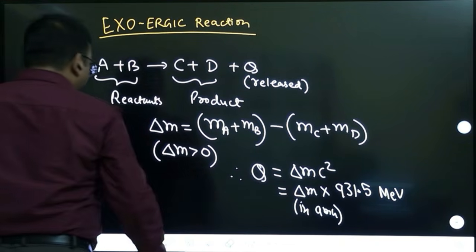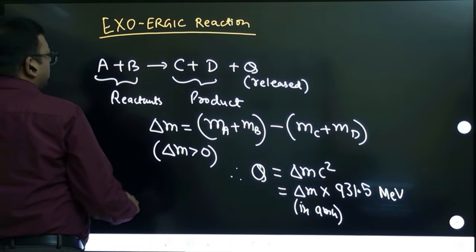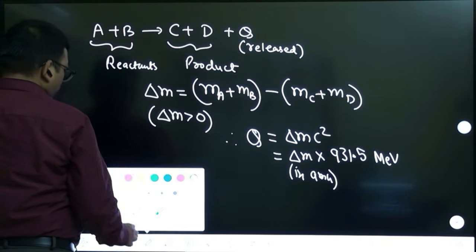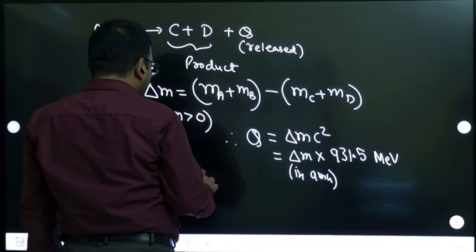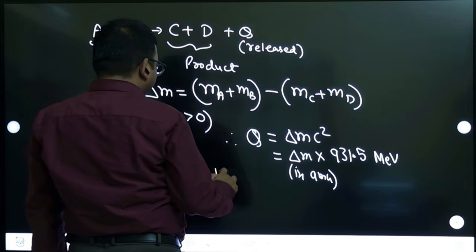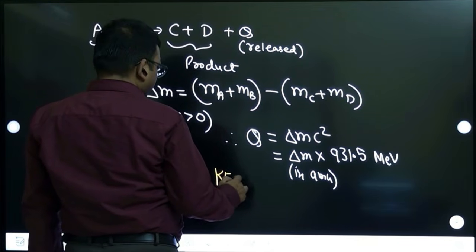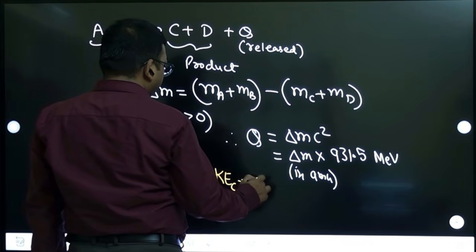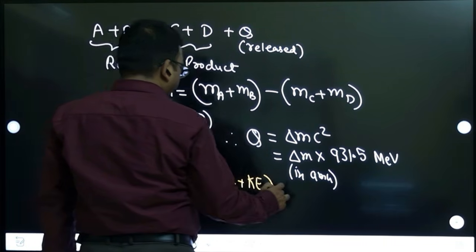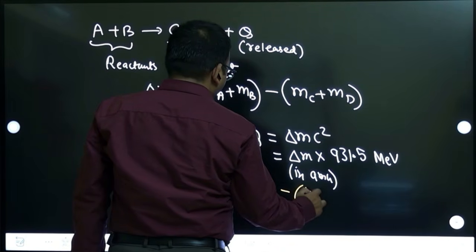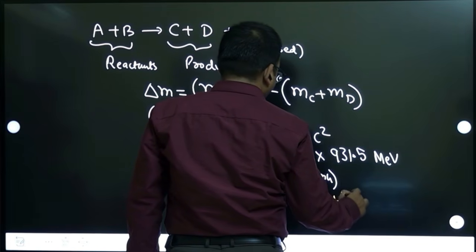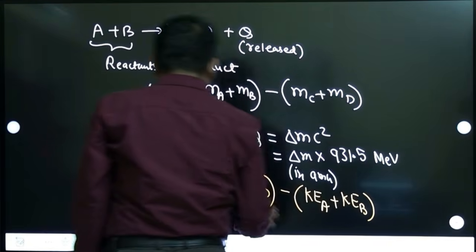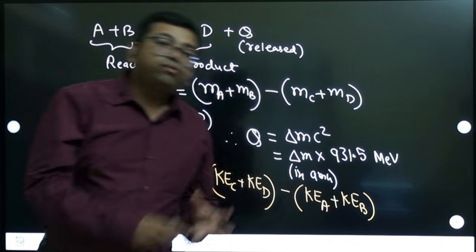Then how do we also calculate this? Q values are also related with kinetic energy. Note that the same Q value can be related as kinetic energy of products C plus kinetic energy of D minus kinetic energy of A plus kinetic energy of B. If they have given kinetic energy, we can also calculate Q value from this equation.